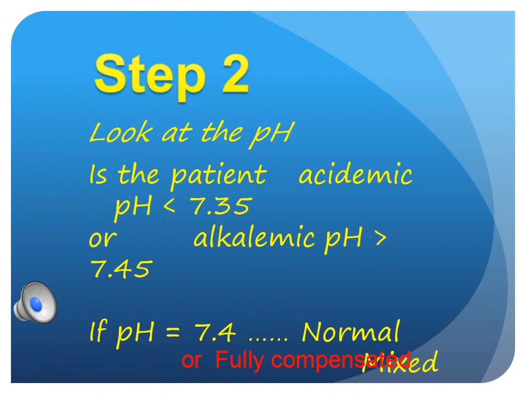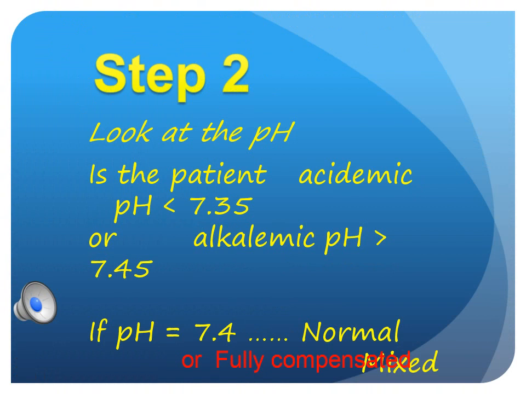Coming to step 2, look at the pH. We have told many times in the seminar, acidosis indicates pH less than 7.35 and alkalosis pH is more than 7.45. So if the pH is less than 7.35, definitely it is an acidosis.